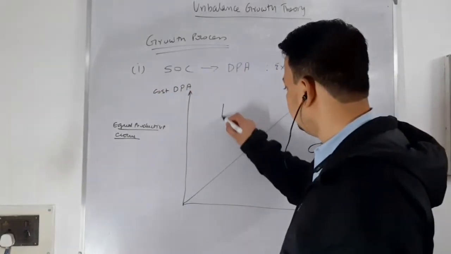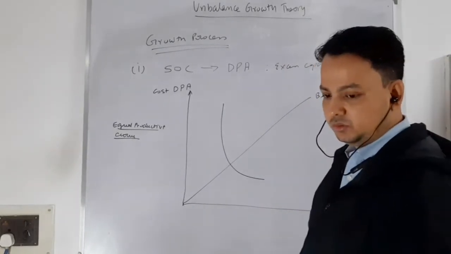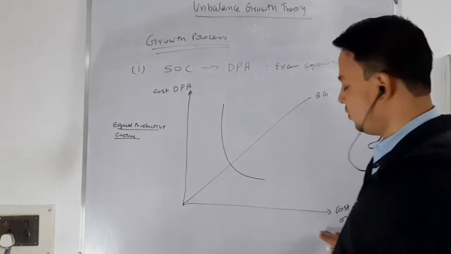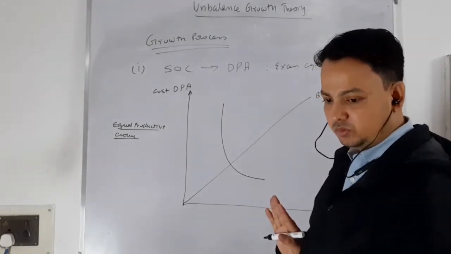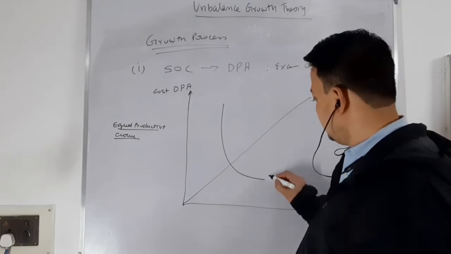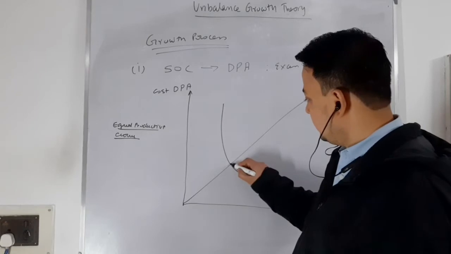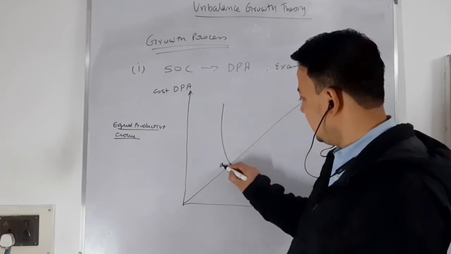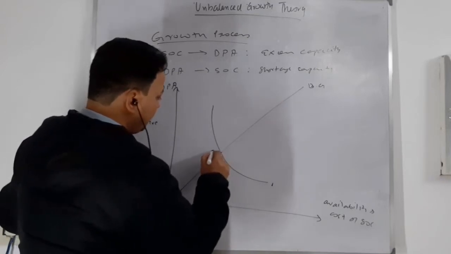Or if you remember the definition of isoproduct, it is a locus of combinations of these two that will give you the same level of output. You can think in that way. So this is based on national income level 1. And this is the point of balanced growth. Say I have to deliberately unbalance the economy. And this is the equilibrium position, point A.